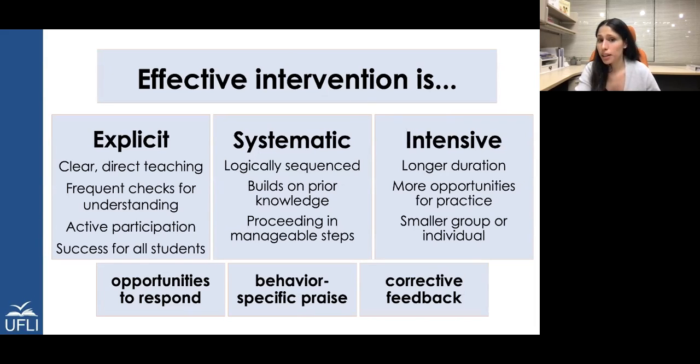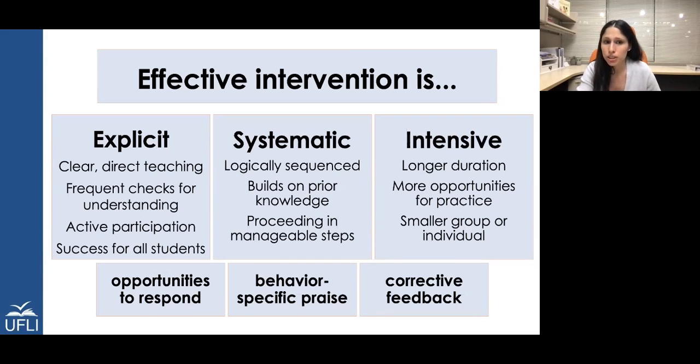And when we're thinking about small group instruction, we're focusing on it being more intensive than the whole group instruction. So students have instruction for longer, they're receiving more opportunities to respond, and again, they're in a smaller group, which allows them to have more practice opportunities with more teacher feedback.